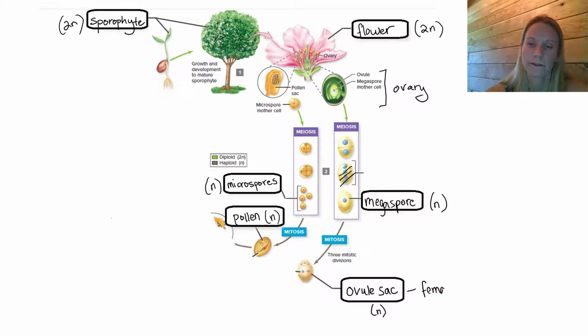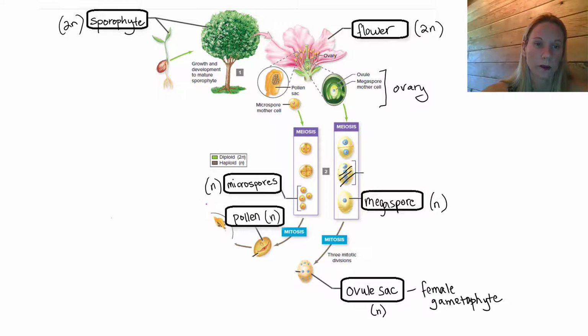Let's also label it the female gametophyte. And let's remember that the pollen is the male gametophyte.